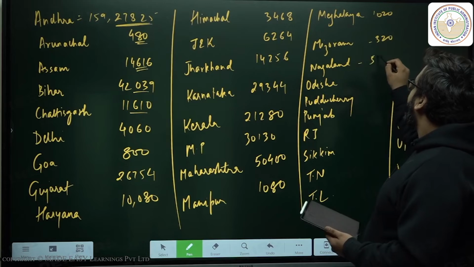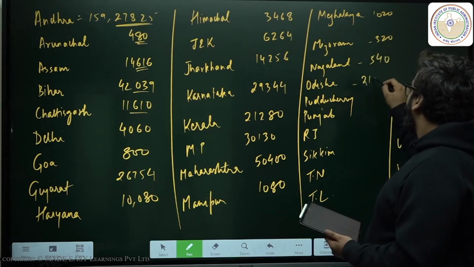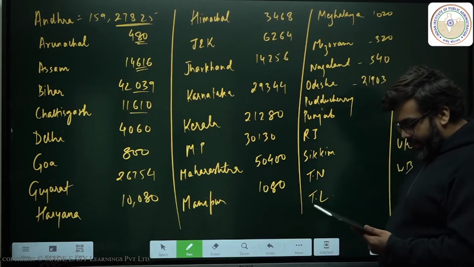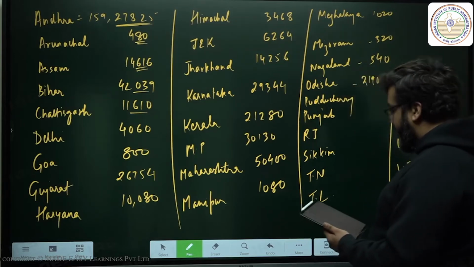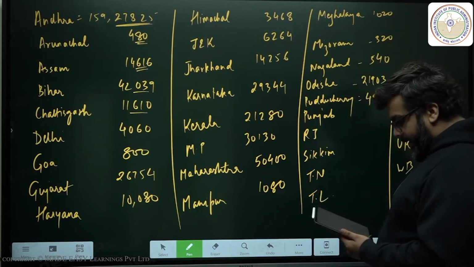Nagaland, 540. Odisha, 21,903. Pondicherry, again like Goa, like Arunachal Pradesh, 480.